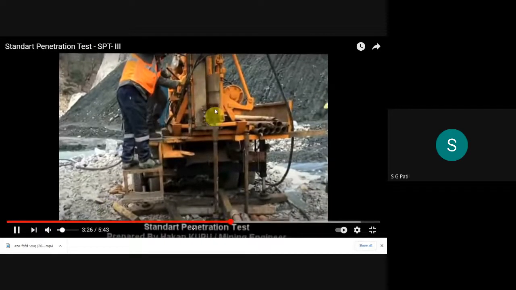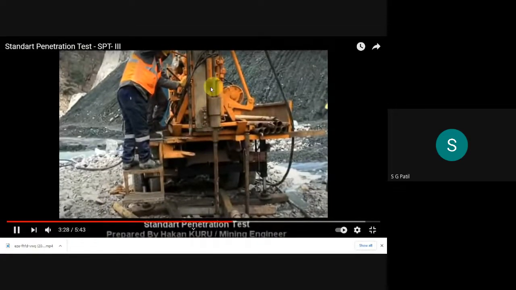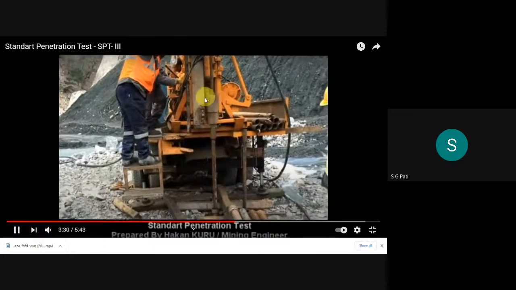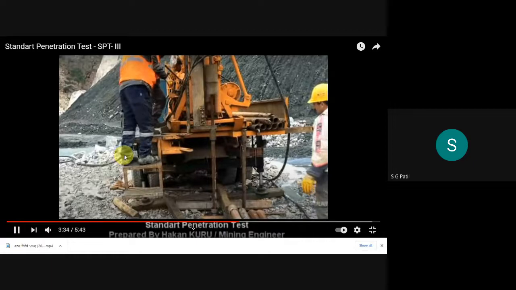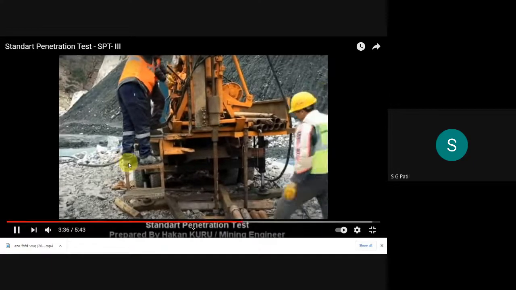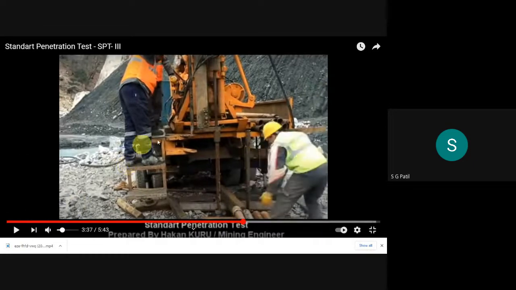Now you see, the hammer will fall from a height of 750 mm. Can you see? This is the hammer, and it is falling from a constant height. This height will be 750 mm, and the hammer weight will be 63.5 kg. Then he will count. See, he has marked 3 markings.